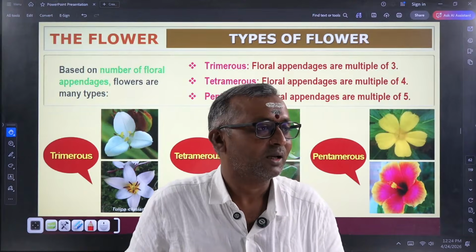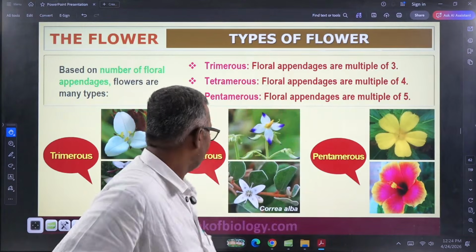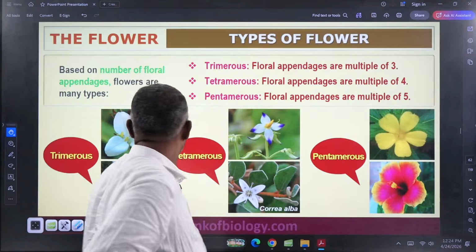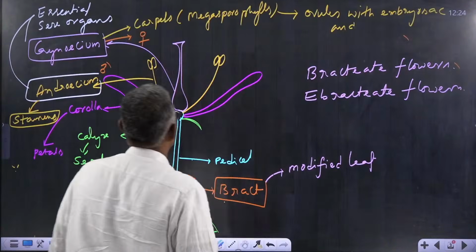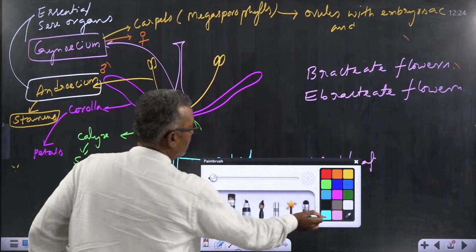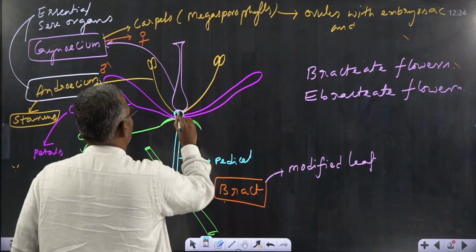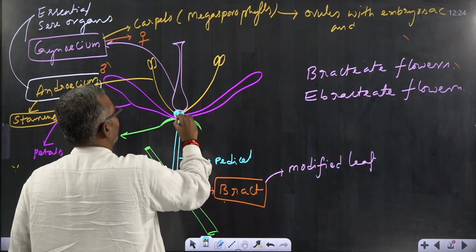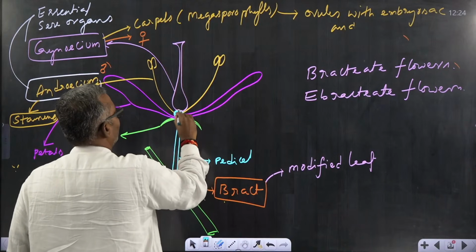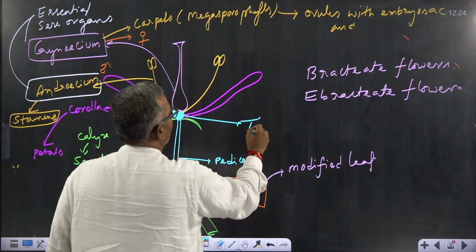Next, explain about thalamus once again. Thalamus is nothing but, look at here, it's very simple. This condensed tip of the pedicel. Now the pedicel tip gets condensed. This condensed tip of pedicel itself is called thalamus.